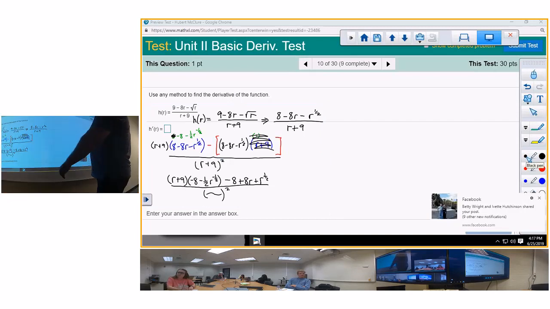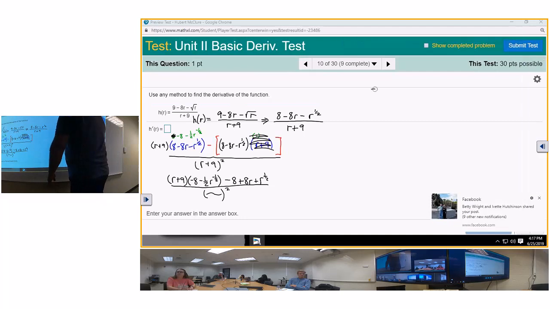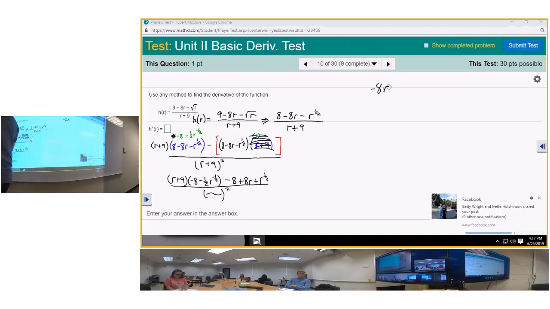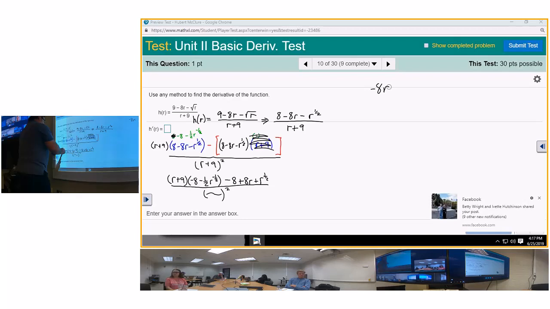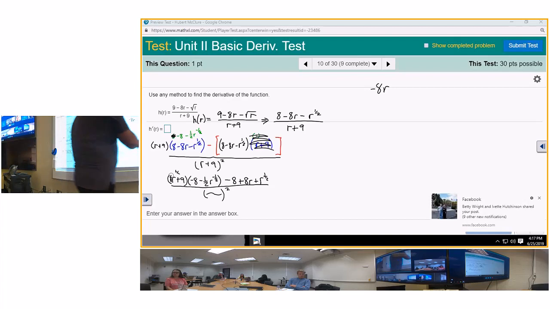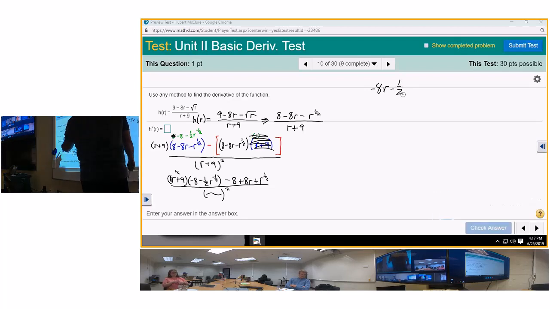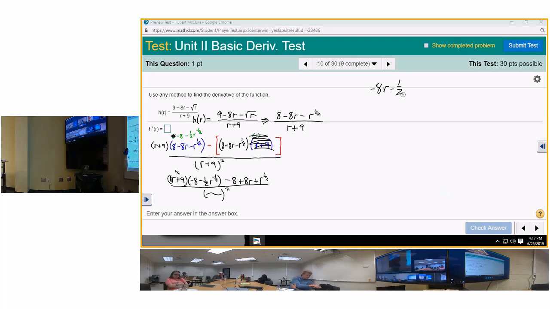And that is R times negative 8 is negative what? Negative 8R. That's first. Outside, you got R to the 2/2 right here. So outside, 1 times negative 1/2 is negative 1/2. And what is R to the 2 halves times R to the negative 1 half? R to the 1 half.